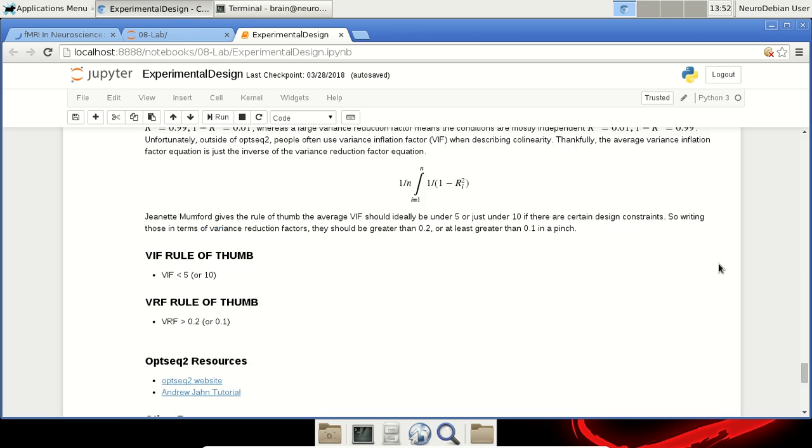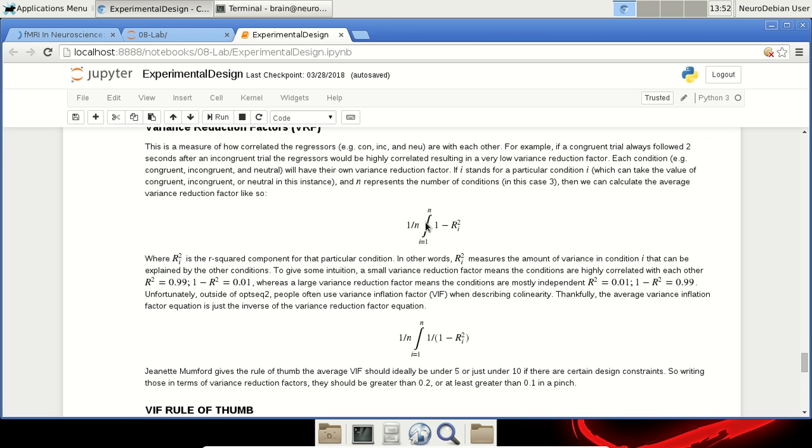And as a basic explanation of what these terms measure, the VRF or the VIF are essentially measures of collinearity between the conditions that we have. So in our example, we have the flanker task with congruent, incongruent, and neutral.